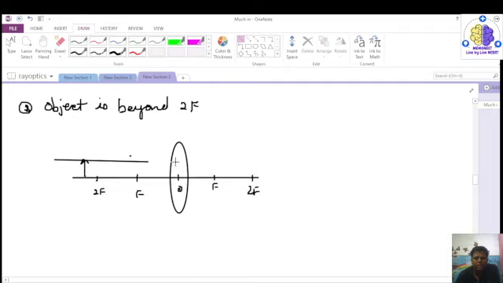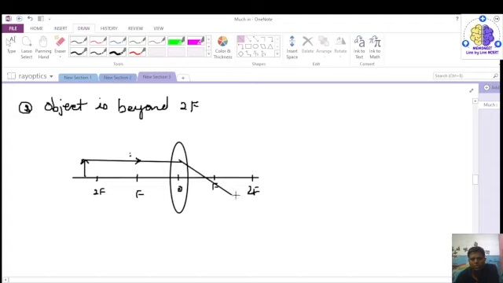So let's draw the incident ray now. This is the incident ray, right? Let's say it is parallel to the principal axis. Since it is parallel to the principal axis, after refraction it will pass through the focus.